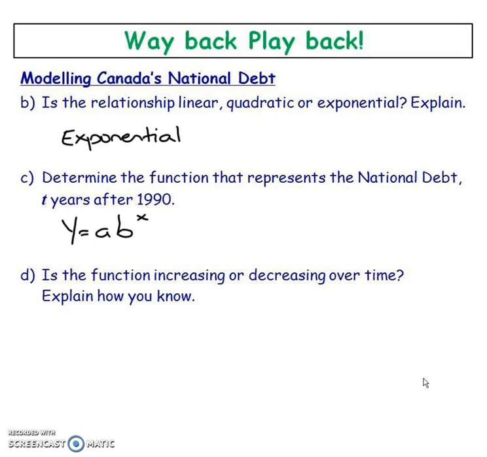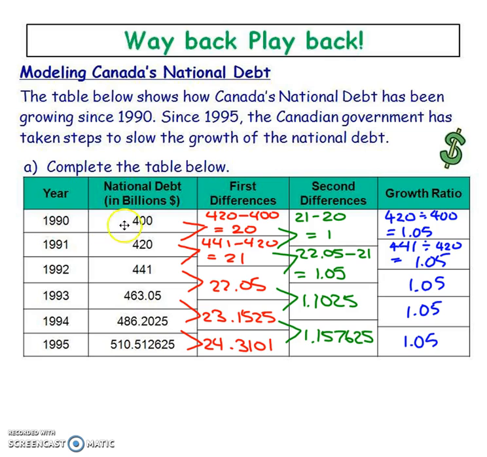Normally an exponential function looks like this, where you have some sort of a vertical stretch or compression, your original base, and then your exponent. Your original amount is going to be your vertical stretch or compression. In this case, it's a vertical stretch by a factor of 400, because that is your original amount of debt.